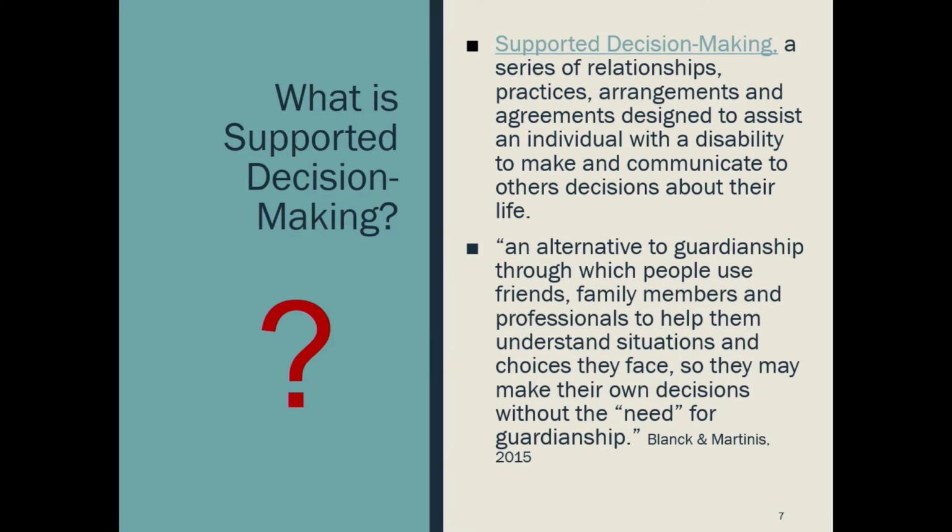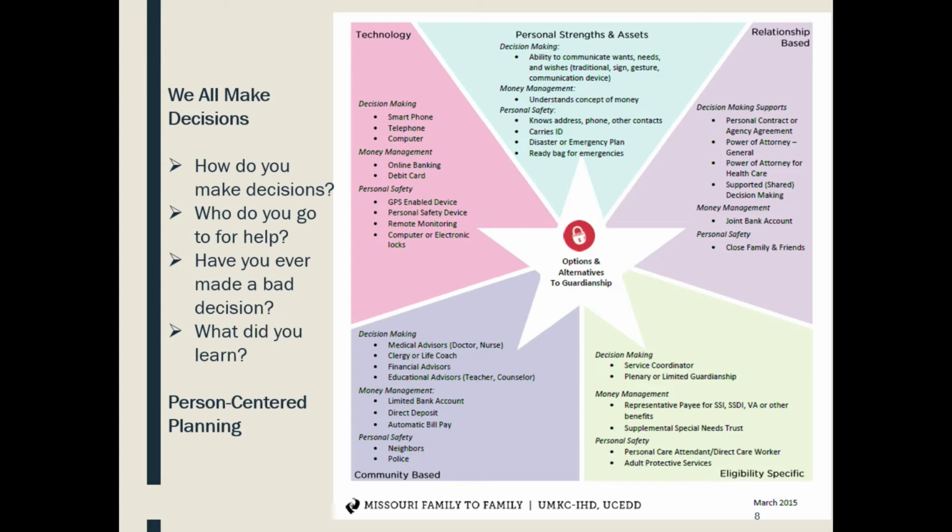Nationally, it's really being talked about as an alternative to guardianship. I would say that supported decision-making can happen no matter what decision-making tools are used. We want to make sure that we're always doing everything we can to understand what that individual's wishes and preferences are, whether there's guardianship or not.